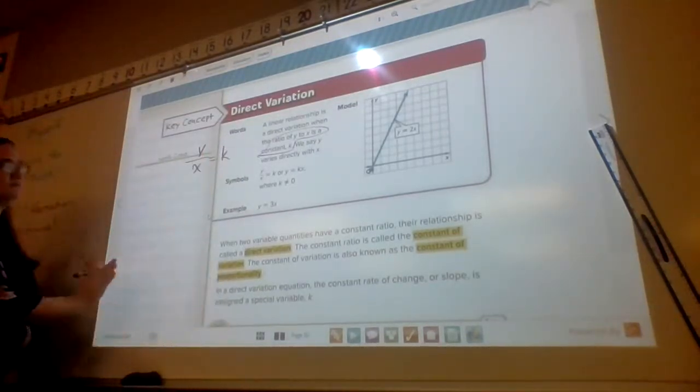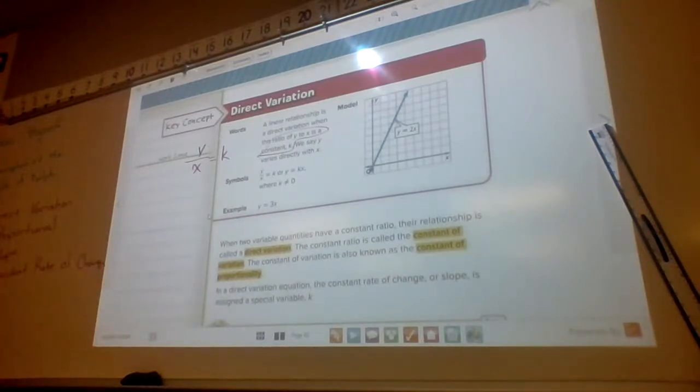We know it's a direct variation when y over x equals k every single time. We know it's proportional when y over x equals k. We know it's a slope or a constant rate of change when the change in y over the change in x equals k.